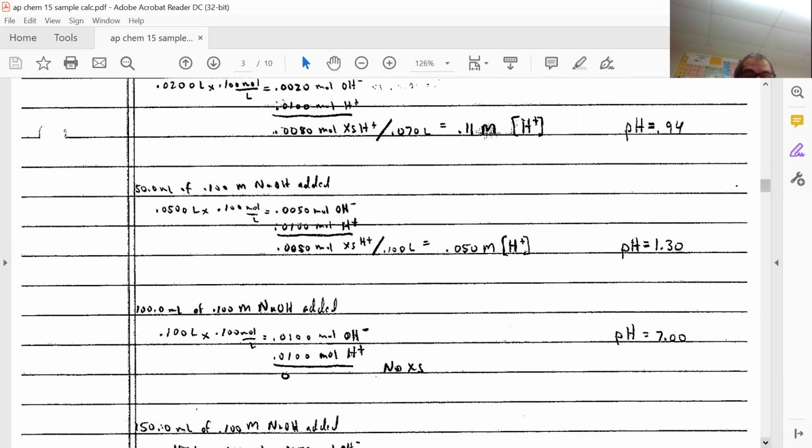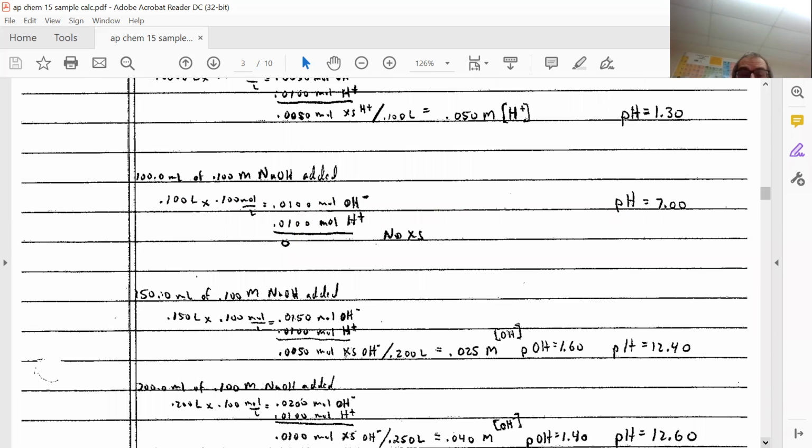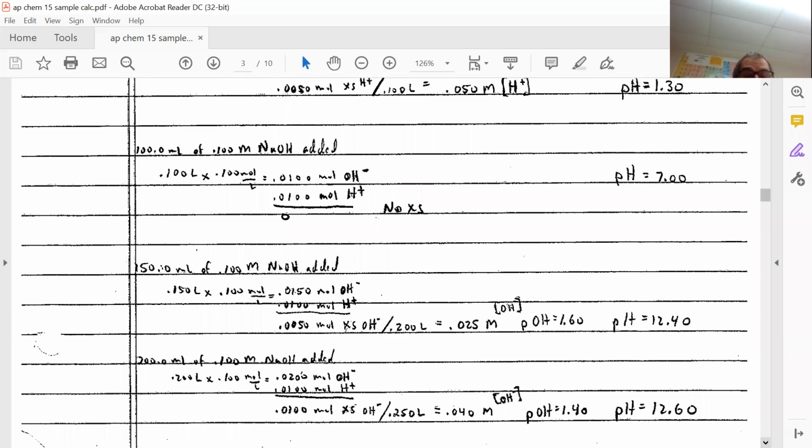Let's say I kept going and I added more base, beyond my endpoint. So now I have an excess of 0.050 moles of OH minus. I divide it by total liters, and I get this pH. And if I kept going up to 200, you can see the calculations, and I get 12.6. So it's starting to tail off and level off right here as I have that excess of base.